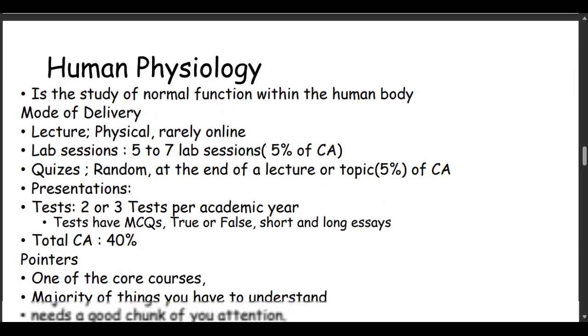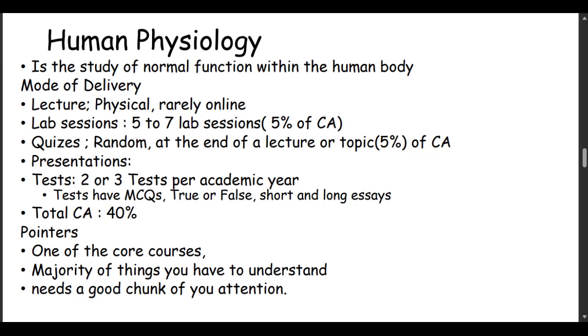All right, so human physiology, you're going to be calling it human physiology, is basically the study of normal function within the body. What you'll be dealing with in the entirety of physiology is normal functioning. In anatomy, you learn different structures, systems, and tissues. But in human physiology, you talk about how they work, what mechanism an organ uses, how food moves, how the skin does this.